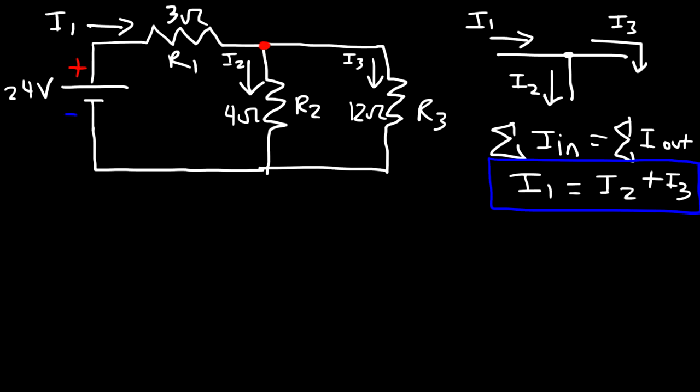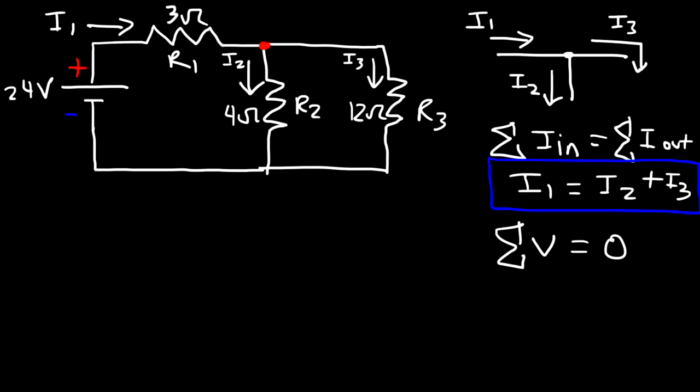Now the next thing that we need to talk about is Kirchhoff's voltage law, which is important when using the loop rule. That law states that the sum of all the voltages around a loop, or around a closed circuit, must add to 0. When going around a loop, you need to determine which elements will create a positive voltage contribution and which will create a voltage drop, or a negative contribution.